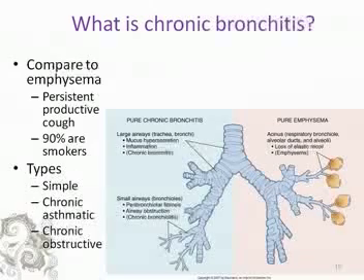Moving on to the next category on our list is chronic bronchitis. So let's take a moment to compare and contrast chronic bronchitis to emphysema. You can see from the schematic or the cartoon drawing on the slide, on the left side is characteristics of chronic bronchitis. On the right side of the slide are characteristics of really a pure emphysema type of situation.